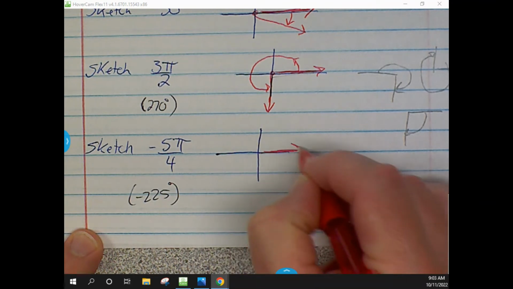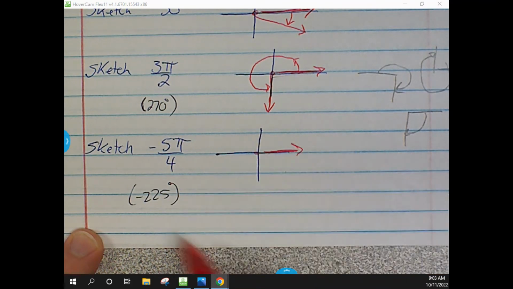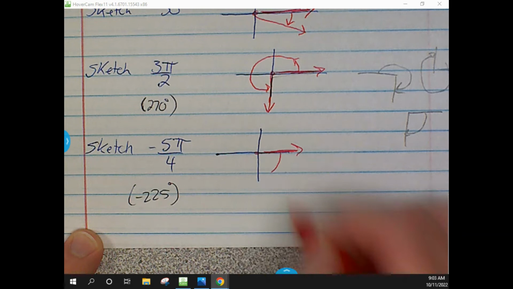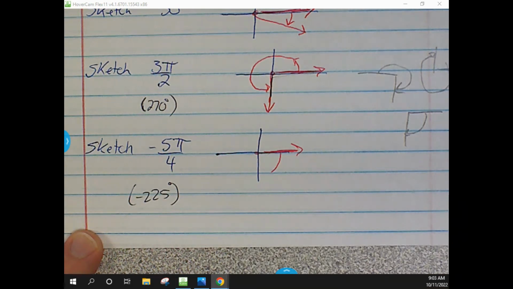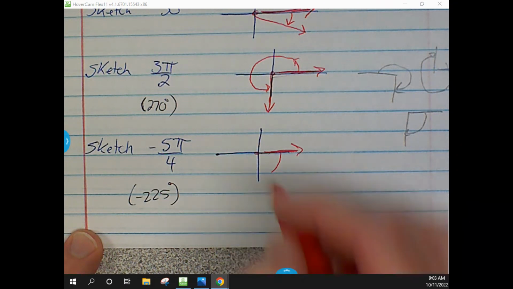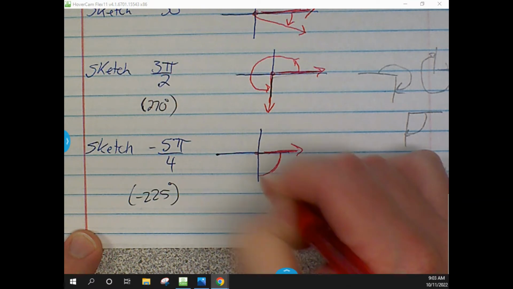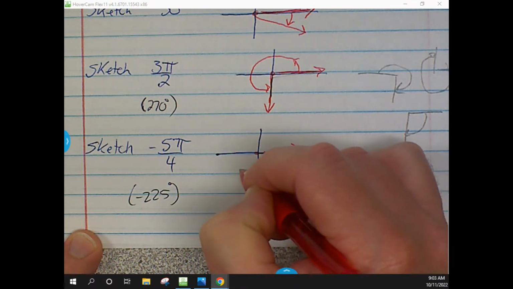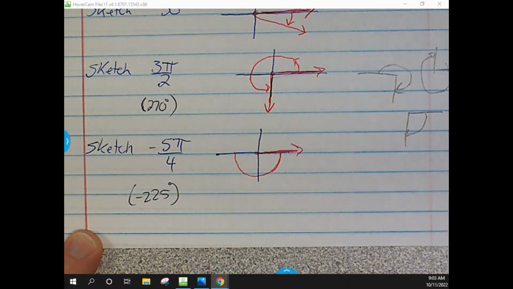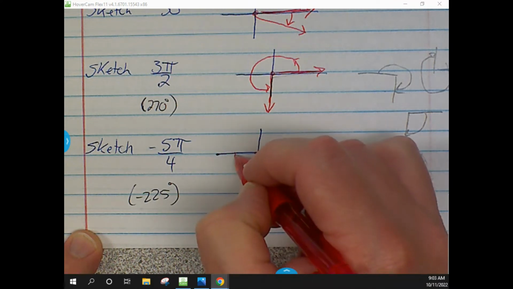All right, so we know we're starting here. It's negative, so we know we've got to go down. And this is the other part we're going to work on just a little bit. If it's negative 225 degrees, if we go to here, that's negative 90. If we go to here, that's negative 180. So if that's negative 180, we got to get to 225.